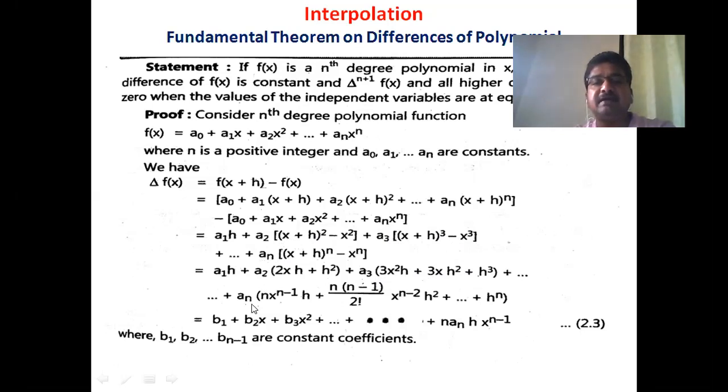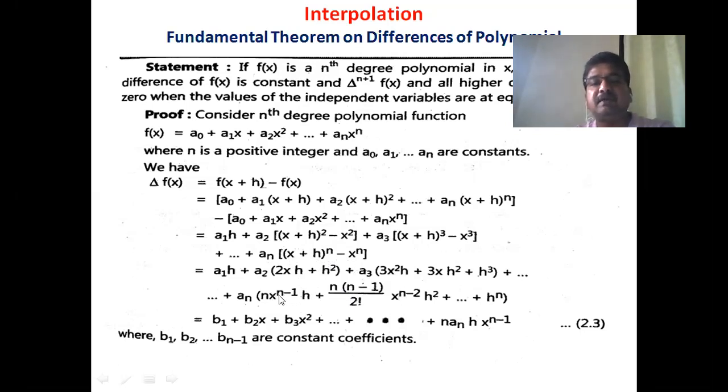Similarly, for this an, the expansion of (x+h)ⁿ by using the binomial theorem is what? The first term is xⁿ, and that xⁿ minus xⁿ becomes 0, and the next term is n xⁿ⁻¹ times h. The next term is n(n−1)/2! xⁿ⁻² h².